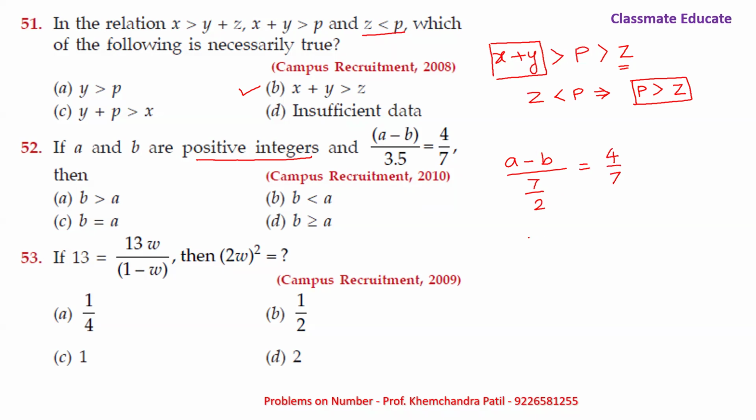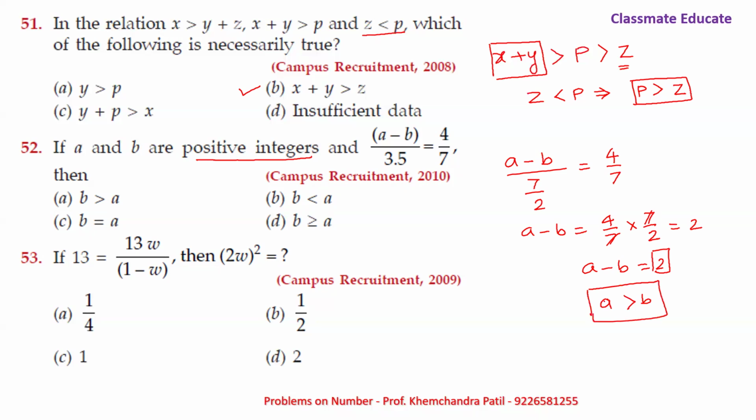Now 7 by 2 when it comes here, what will it become, you will multiply this. 4 by 7 multiplied by 7 by 2. So this will get cancelled, 4 upon 2. This is equal to 2. So a minus b value is 2. Both are positive integers.